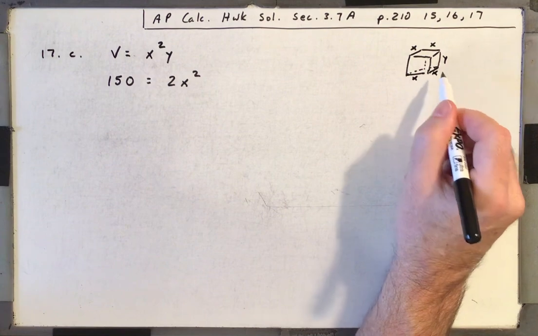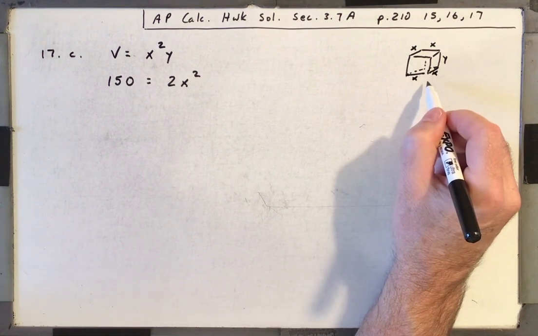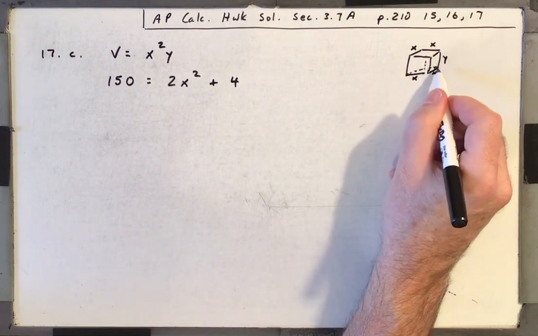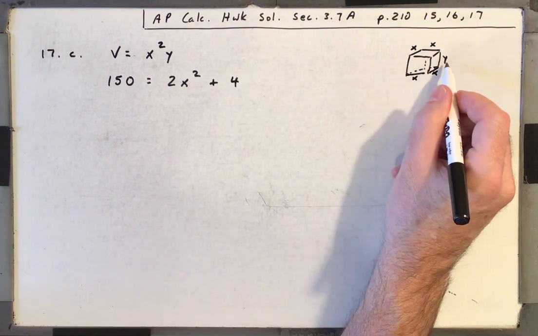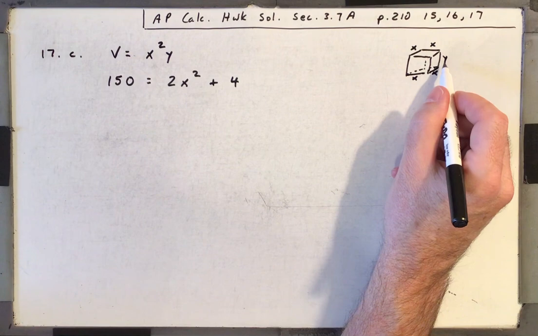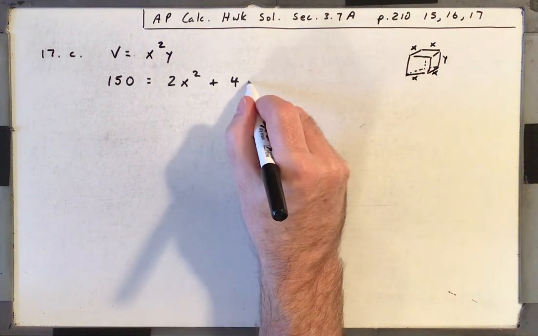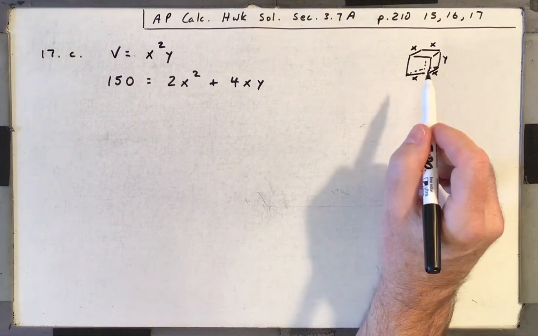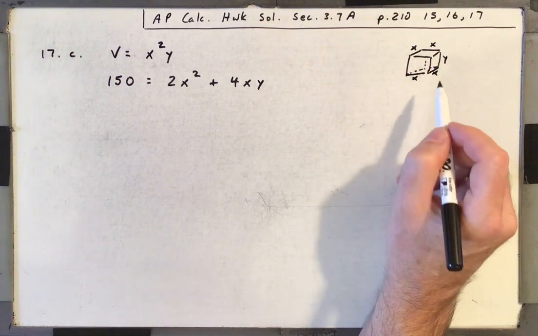Also x and x. 2 times x squared plus 4, because there are 4 faces that are not squares. 4 times x times y. So my drawing is pretty crummy, but hopefully you can see that from the drawing in the book.